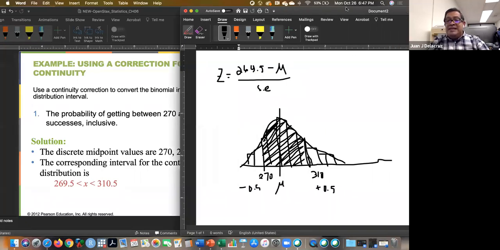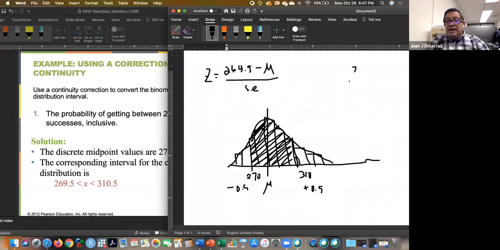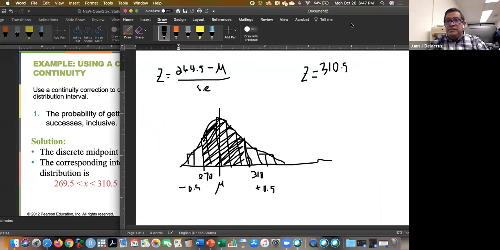So the second z-score, this is 310, I'm going to add 0.5, so this is going to be 310.5 minus mu, I don't know what mu is, but it should have a value, divided by the standard error. That's for the right.